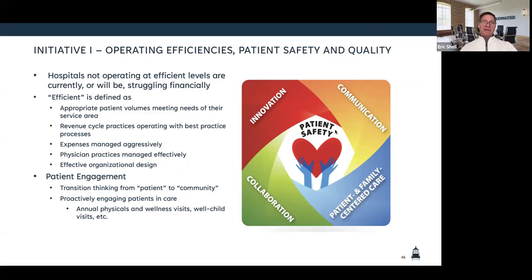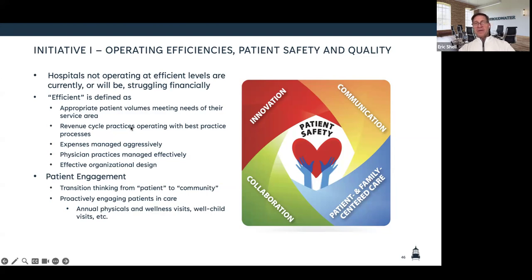So what does that look like? We all want to be more efficient, and I think we can. I tend to think of efficiency as not just pure expense, but expense divided by volume, and having the appropriate volumes to meet community need. There's always an opportunity for improved efficiencies.